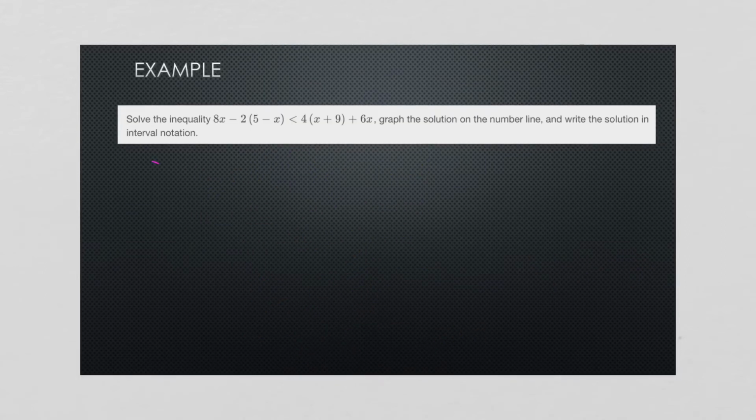Alright, so for this problem, I'm just rewriting it. So I have to distribute a couple of times. So I've got 8x minus 10 plus 2x is less than 4x plus 36 plus 6x. Now I'm going to combine my like terms on both sides.